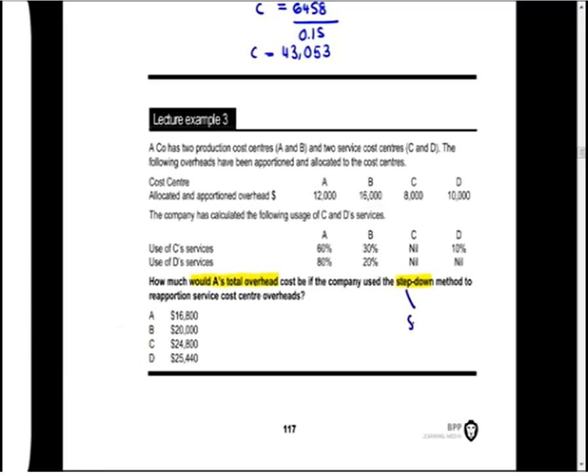Remember, with the step-down method, there's some recognition of the work that service departments do for one another, and we need to start off with that as a basis. So what you can see here is that D uses C, but C does not use D. So we'll start off by reapportioning C into D, and we'll use the same sort of table format as we've been using previously.